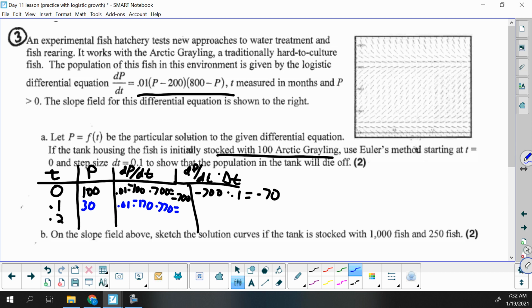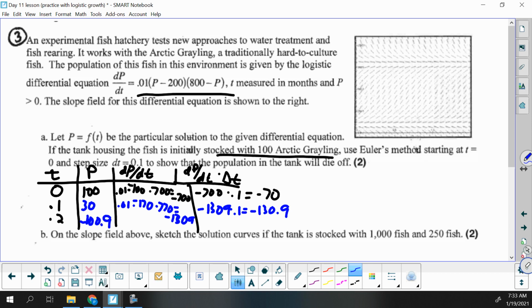And if we multiply that out, we should get negative 1,309. So if we do that times our 0.1, it'll give us negative 130.9. But if we apply that to the previous population, we get negative 100.9.